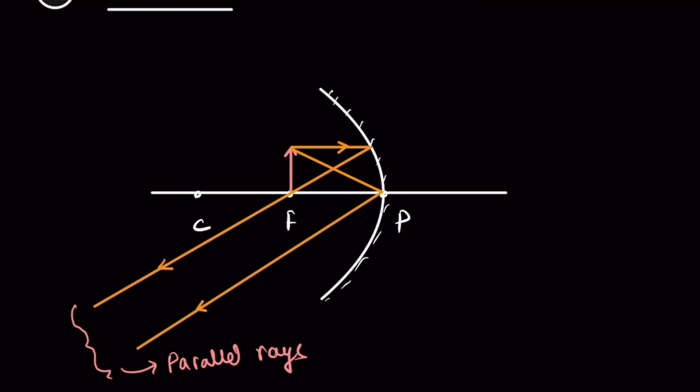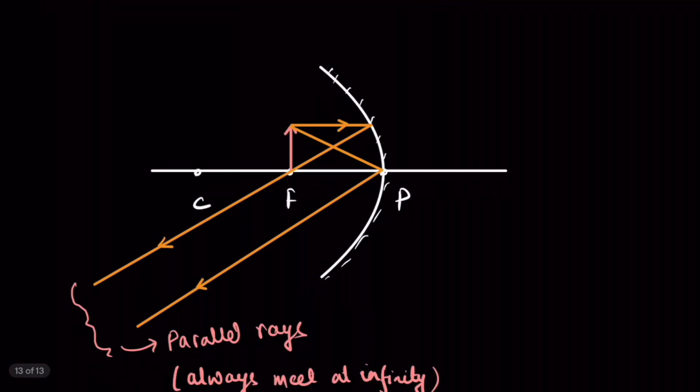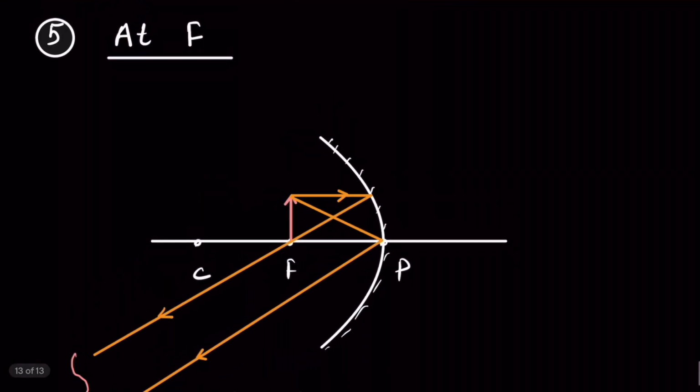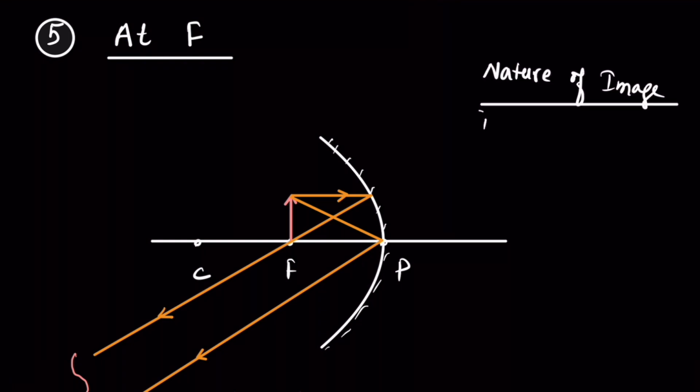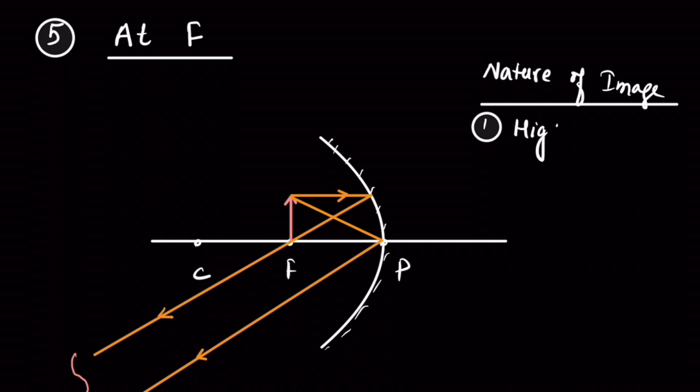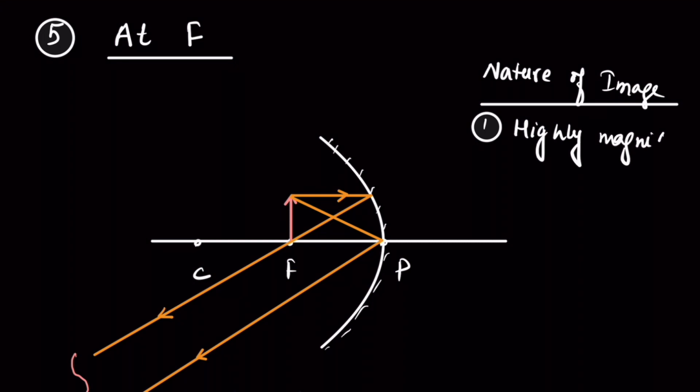So we assume that parallel rays always meet at infinity. So here the image will meet at infinity. So what is the nature of this image? First, it is highly magnified. Second, real and inverted.